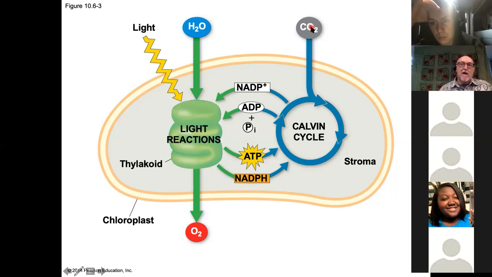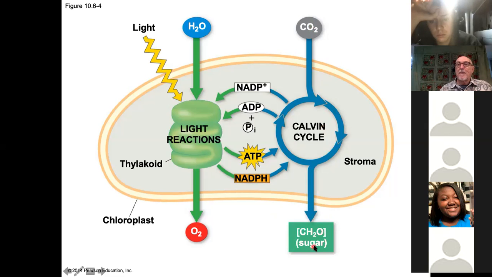And it fixes carbon dioxide. It takes free carbon dioxide gas, and it will reduce it to a set of products which ultimately end up producing a sugar. So we've got these two sets of reactions.